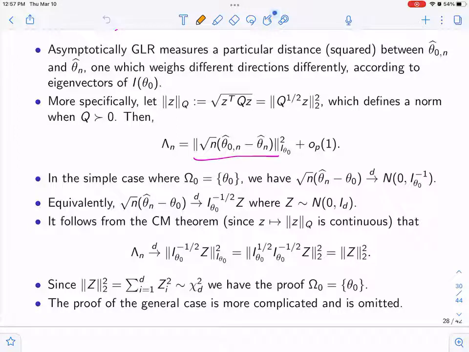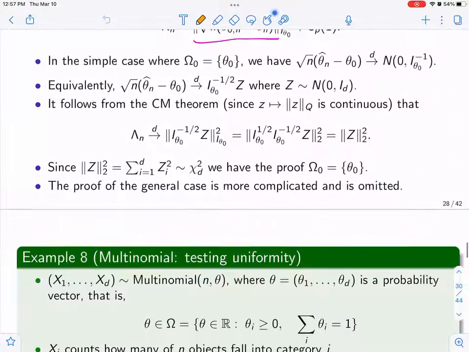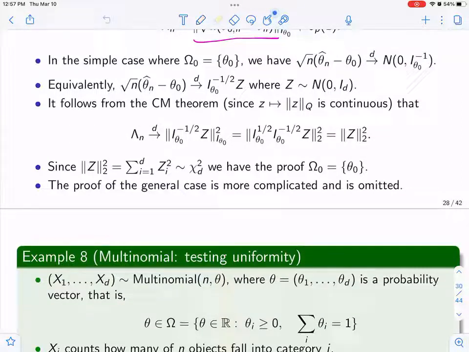If you're interested, you can look at chapter 17 in Keener, where he actually does the analysis. The notation is probably a little hard to follow.